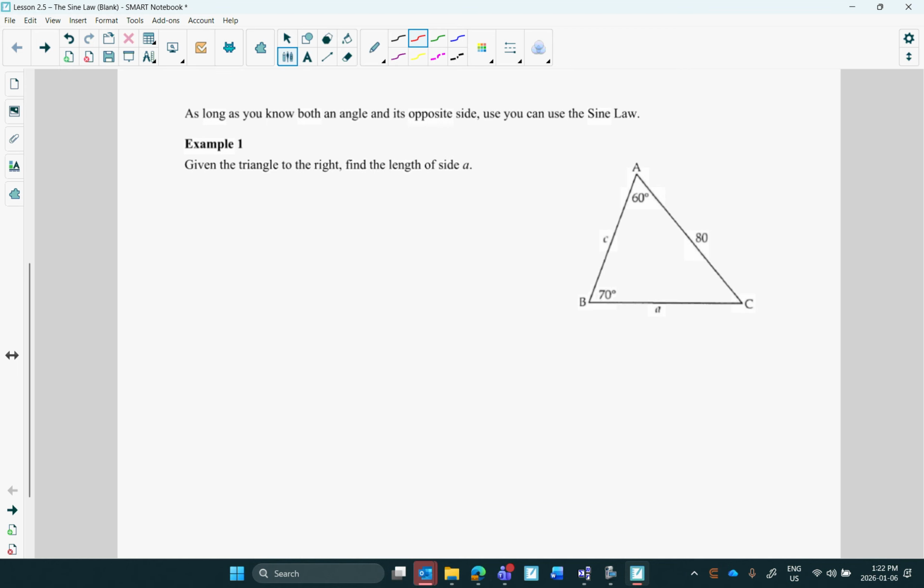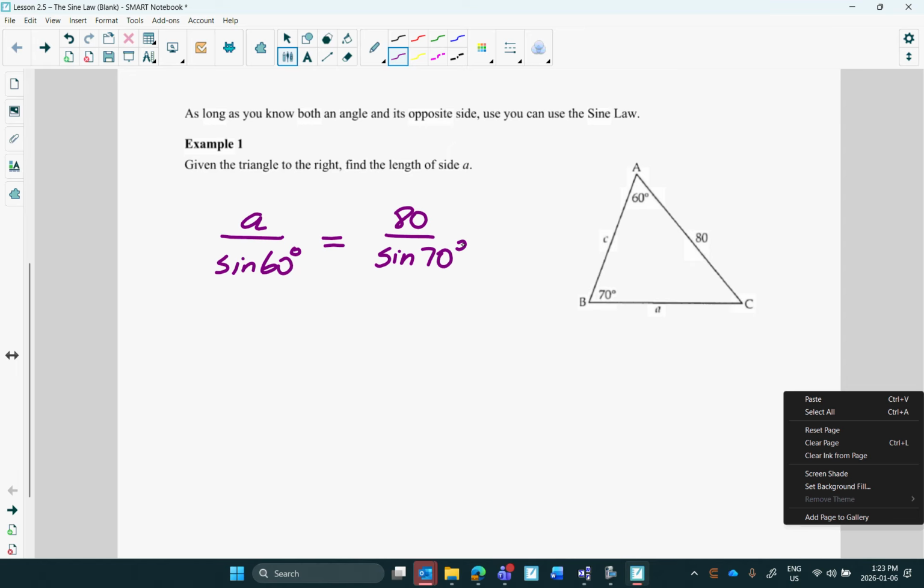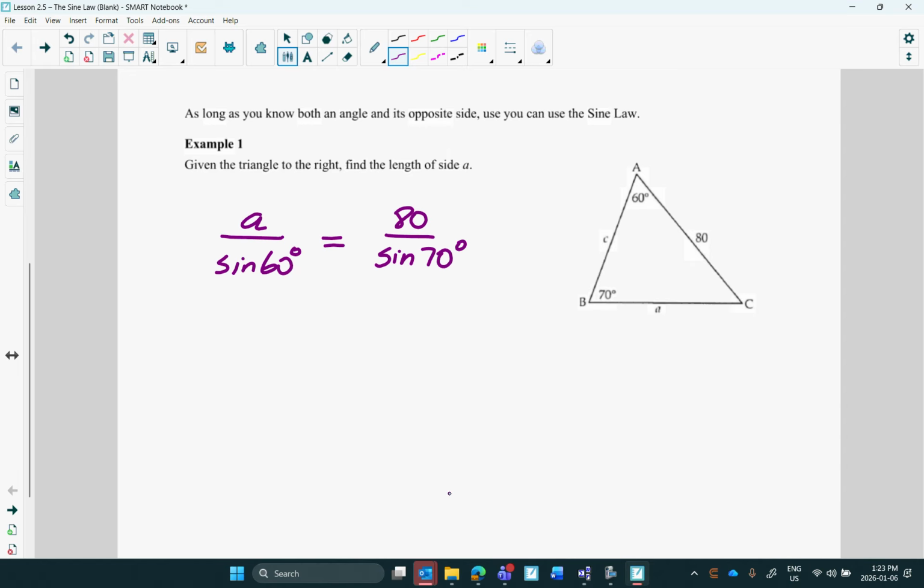So therefore, using the sine law formula, I can say this side, which I don't know, A, over the sine of its angle opposite, so the sine of 60 degrees, will equal the side I do know, 80, over the sine of its angle opposite, which is 70 degrees. That's how you set up the formula.